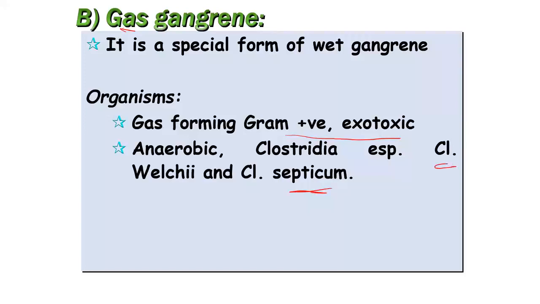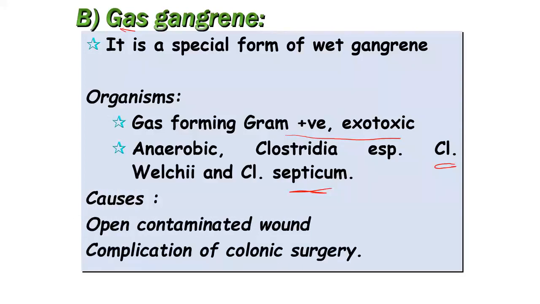So these are the gas-forming gram-positive exotoxic anaerobic microorganisms. The causes of gas gangrene are usually very serious, such as open contaminated wounds during wars. This occurs usually during wars or severe car accidents. Also a complication of colonic surgery in some cases.